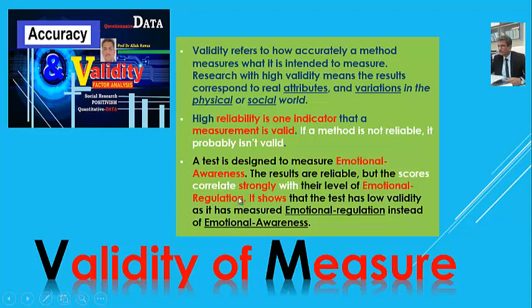So if there is high correlation between emotional awareness and emotional regulation, it is called collinearity, and it shows that the test has low validity as it has measured emotional regulation instead of emotional awareness.